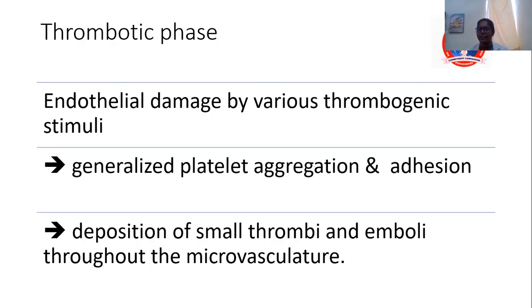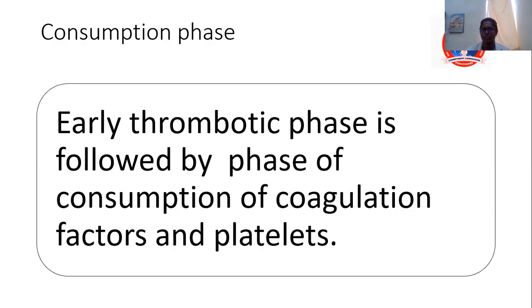First, we have seen the activation of the coagulation pathway, and next the thrombotic phase. In the thrombotic phase, once there is endothelial damage, the subendothelial collagen is exposed, which leads to stimulation of platelet adhesion and aggregation, followed by deposition of small thrombi and emboli throughout the microcirculation.